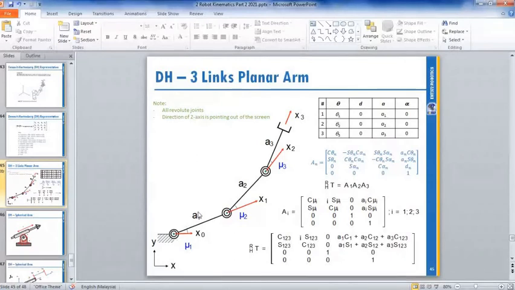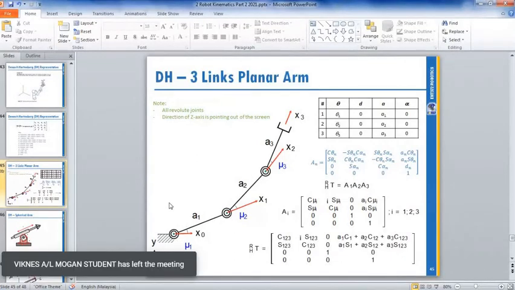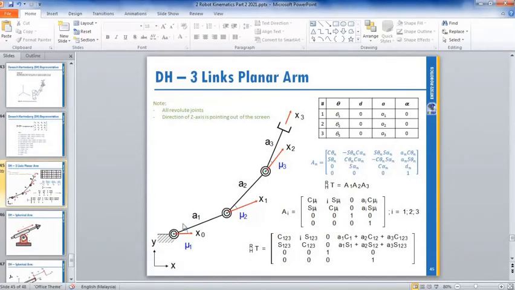This is joint, this is joint, this is joint. Frame 0 to frame 1, so you have distance A1. So you put distance X, A1, because in DH, you do not consider Y. So this is X.